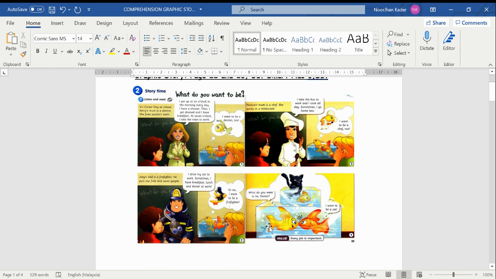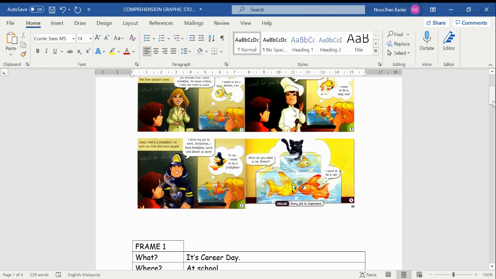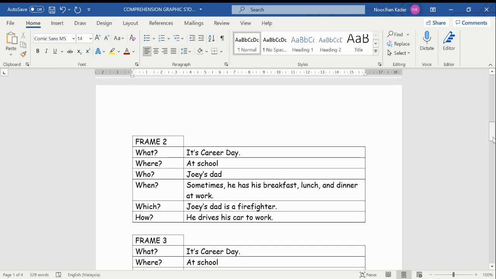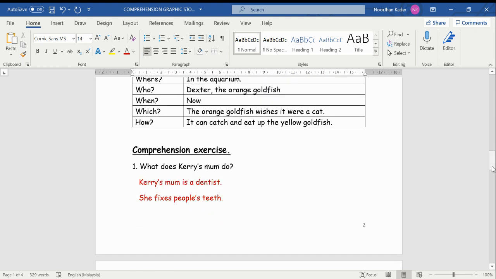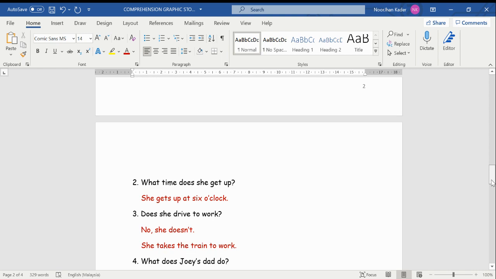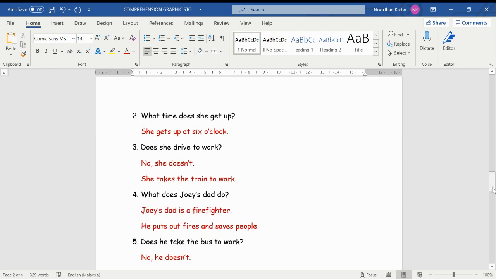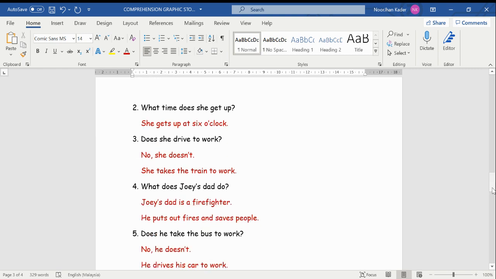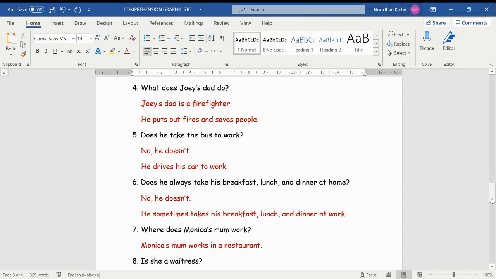Because it's referred to as an animal, that is why we replace the phrase the yellow goldfish with it. From the name we can know whether it's masculine or feminine, but now we do not know. So you use it.